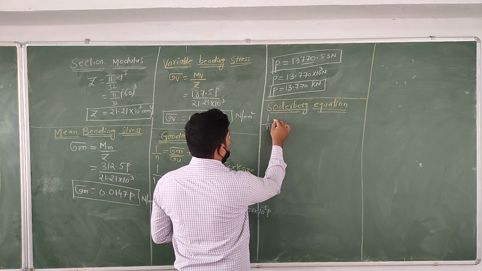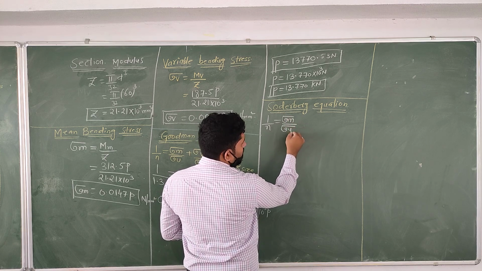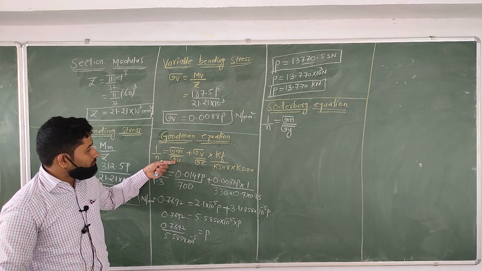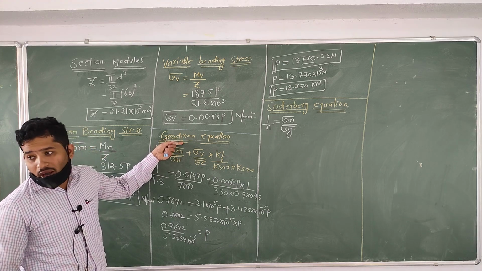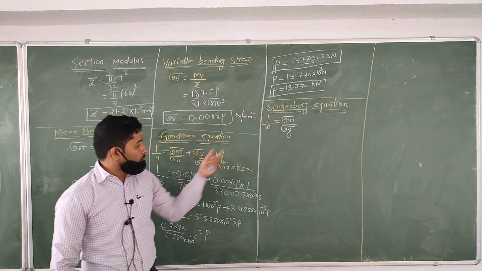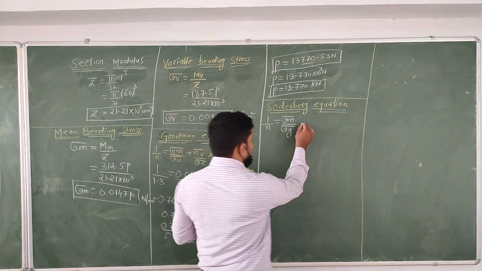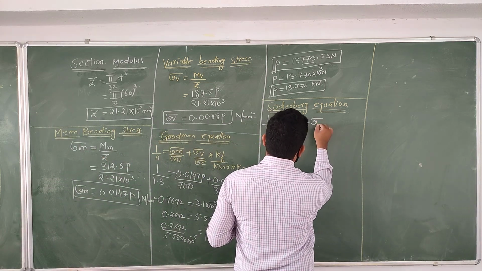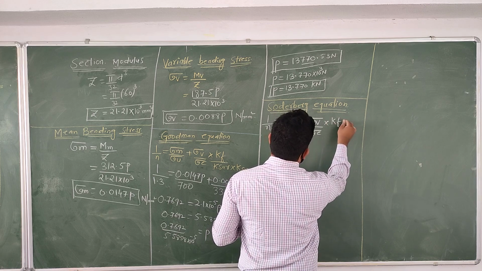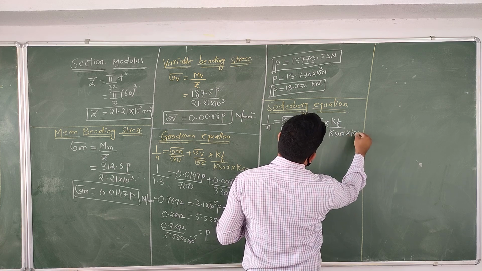So what is the formula? 1 by N equal to sigma M by sigma Y. Okay, but dear, here sigma M by sigma U, it is suitable for whom? For the Goodman. If you want to solve the value of Soderberg, means sigma M by yield stress, plus sigma V by sigma E into Kf by K surface finishing factor into K size factor.